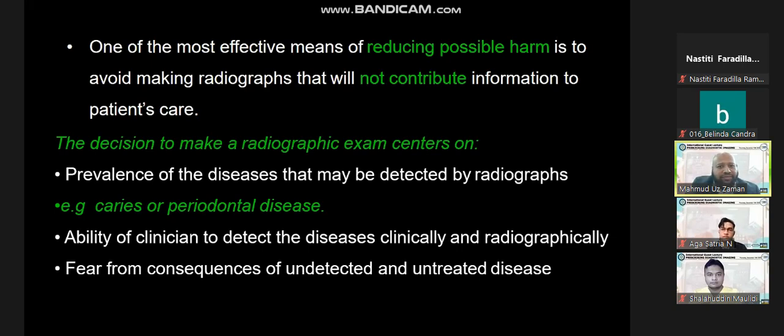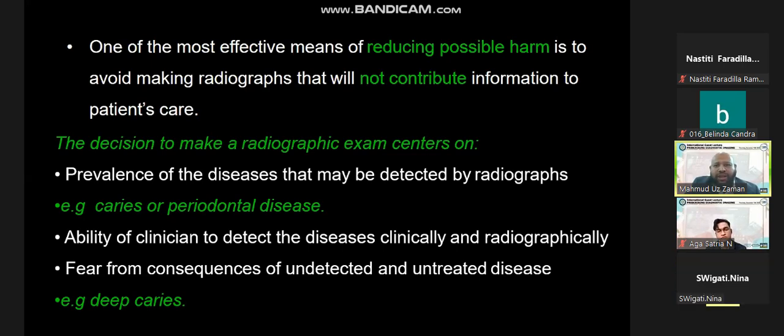Even if you miss some diseases, the patient may not come to you again. So it is very important to detect all the diseases in the radiographs. Sometimes there is deep caries that we miss, or recurrent caries. The patient is complaining, but we cannot determine it. So you should be very careful while reading these radiographs.